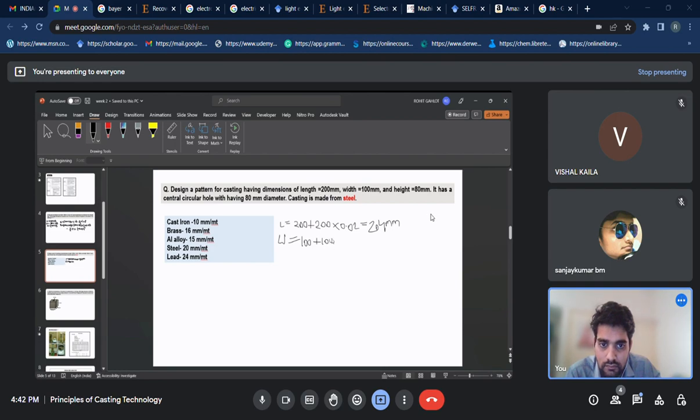So by calculating the length we will get around 204 mm, and then the width you will get by 100, 102 mm, and then the height you will get is.